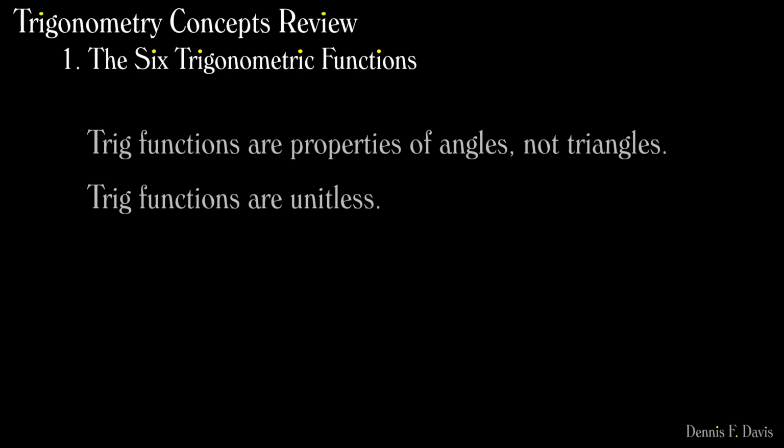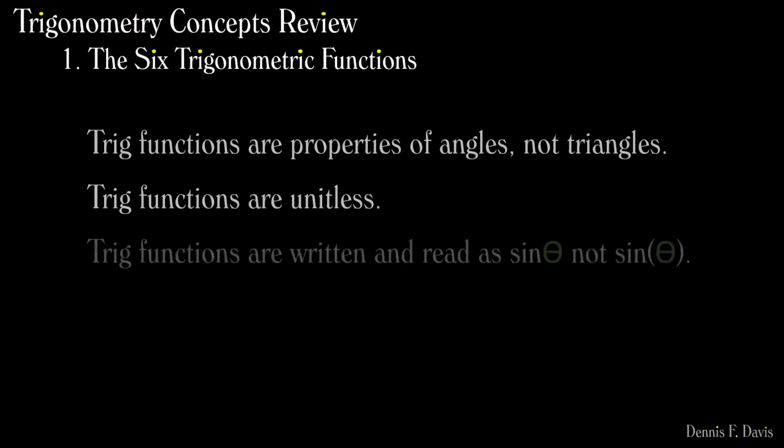Thirdly, trig functions are mathematical functions, but unlike traditional functions that include their argument in parentheses, trig functions are usually written without any parenthesis. When reading an equation out loud, we say sine theta or cosine gamma. We don't say "of" like we would for other functions like f of x.